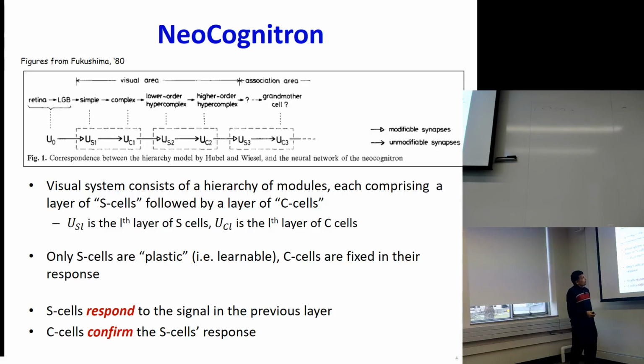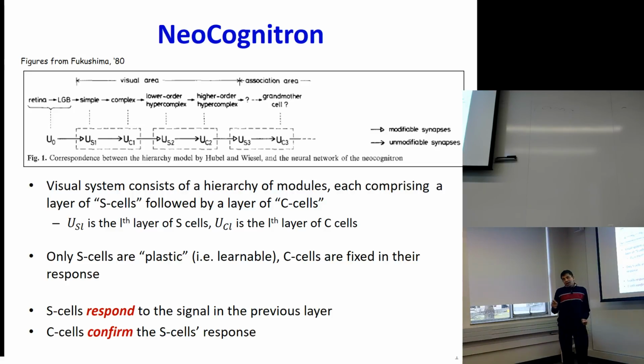Subsequently you have the first simple layer, US1, followed by the first complex layer, UC1, followed by the next simple layer, US2. US2, the second simple layer, gets inputs from the first complex layer. The nth complex layer gets inputs from the nth simple layer, and the nth simple layer works on the outputs of the n-1th complex layer.